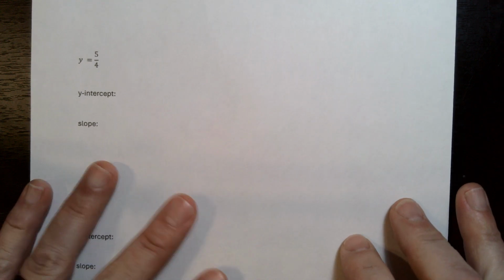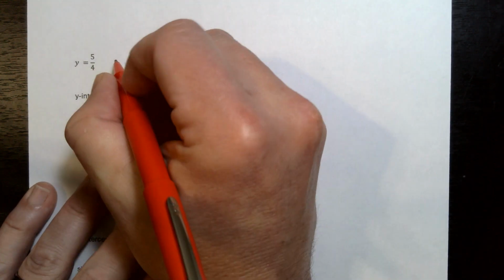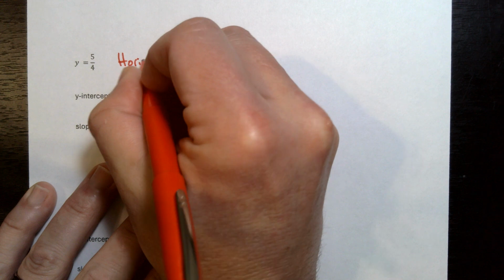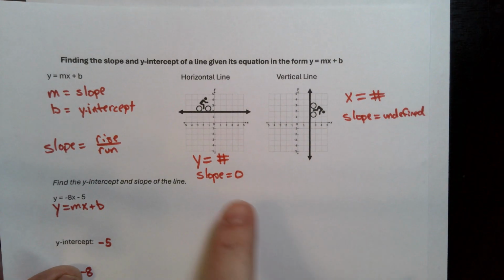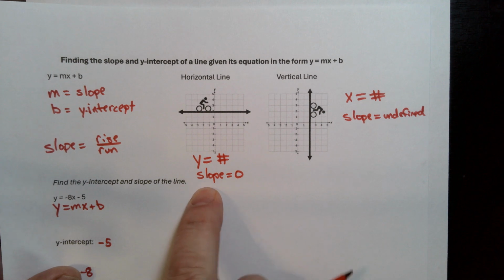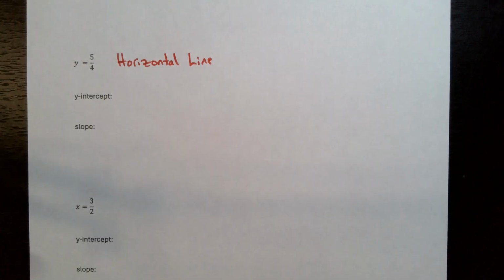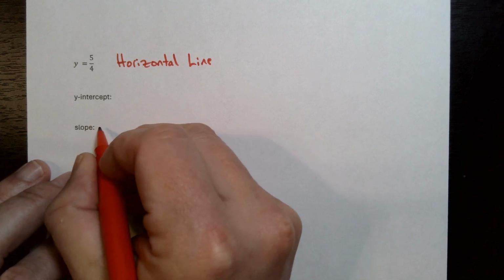Okay, let's look at the next one. So this one is y is equal to a number. Remember, this is a horizontal line. Recall that the horizontal line right here has a slope of 0. So this thing has a slope equal to 0.